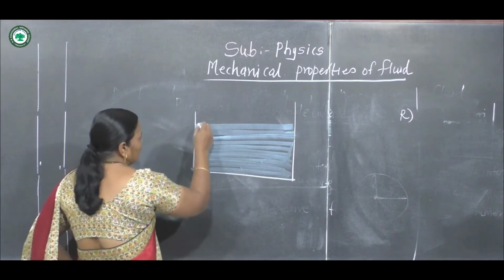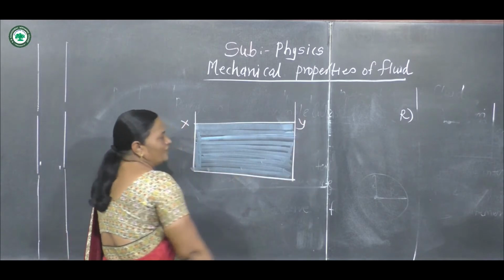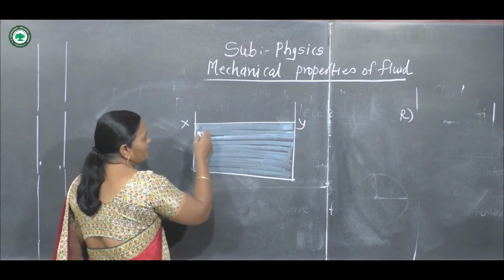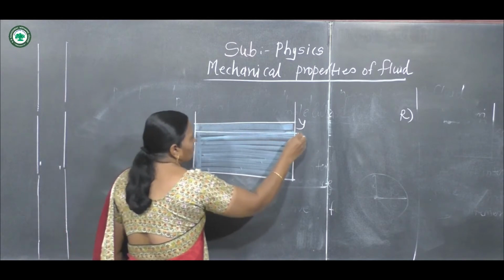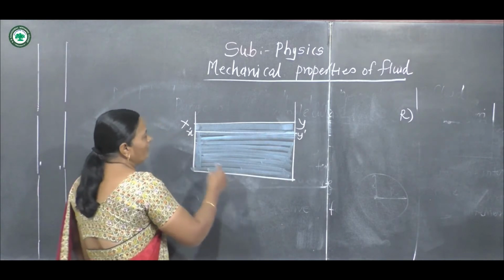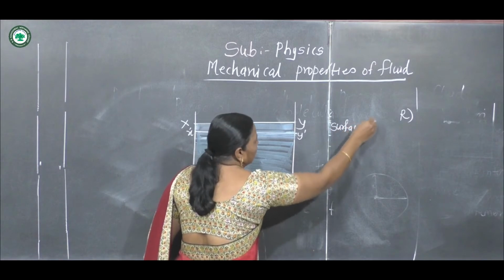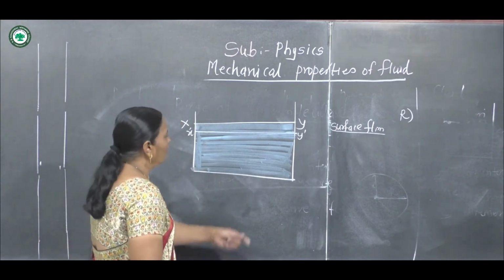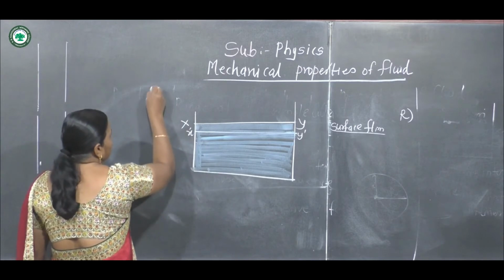The upper surface, this XY, is called the free surface of liquid. Now the thickness XX dash, YY dash is called the surface film.